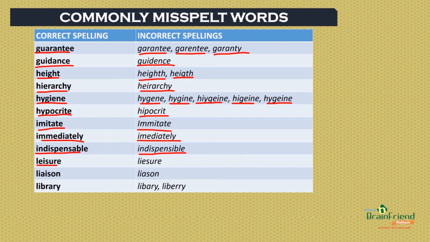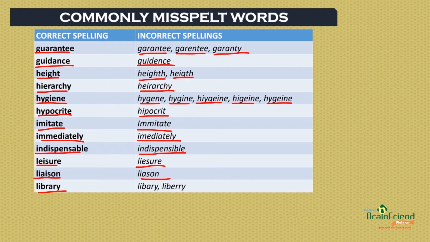Leisure is spelled L-E-I-S-U-R-E, but wrongly spelled as L-I-E-S-U-R-E. Moving on, we have liaison. Liaison is spelled L-I-A-I-S-O-N, but wrongly spelled as L-I-A-S-O-N.